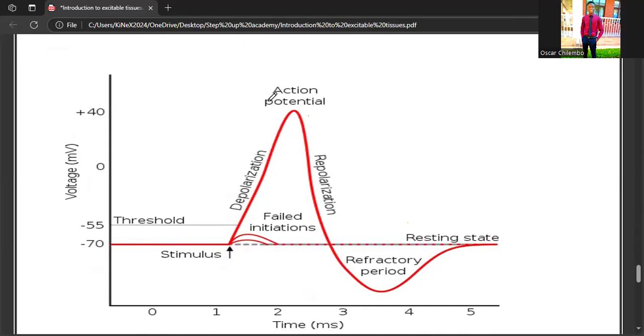So at this point, mostly the cell is usually at rest. So I mentioned today the resting membrane potential. What do we mean by resting membrane potential? Let's look at this green line here.